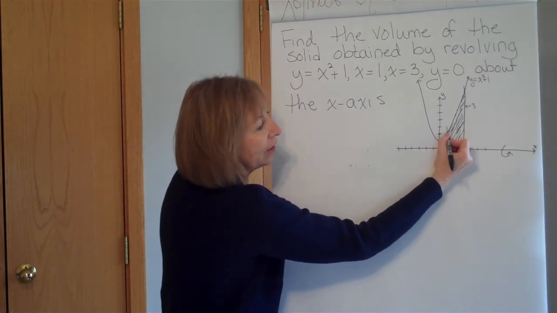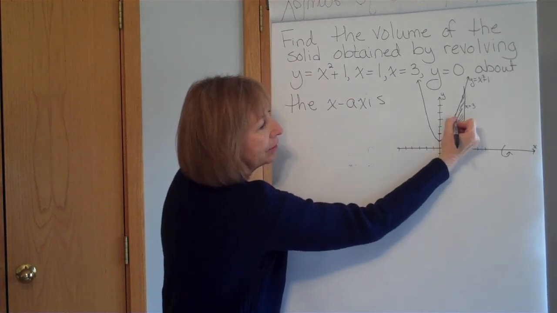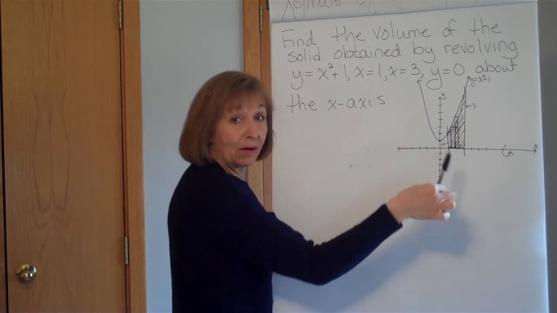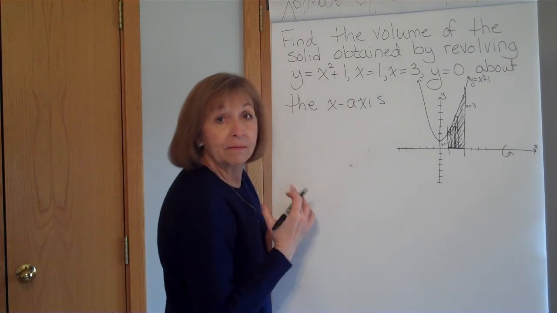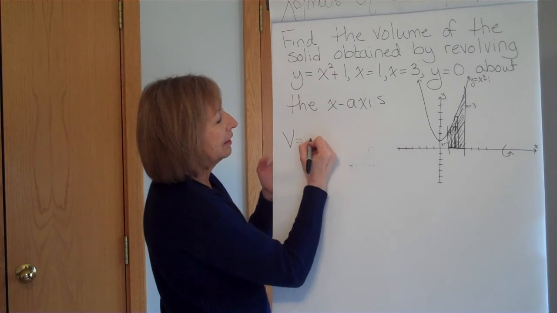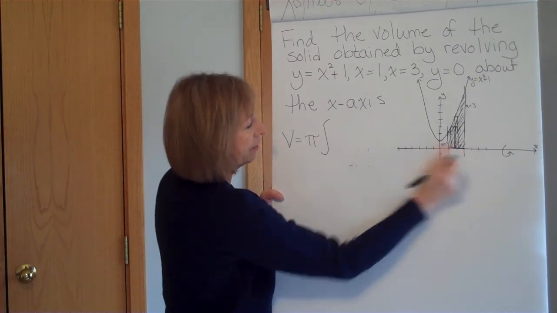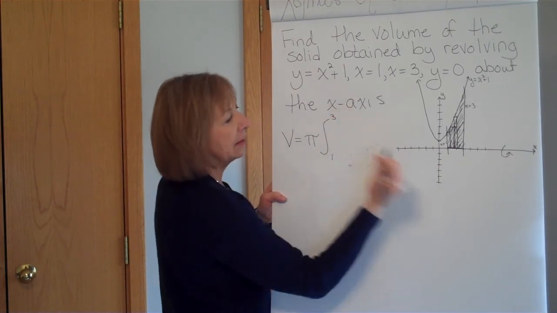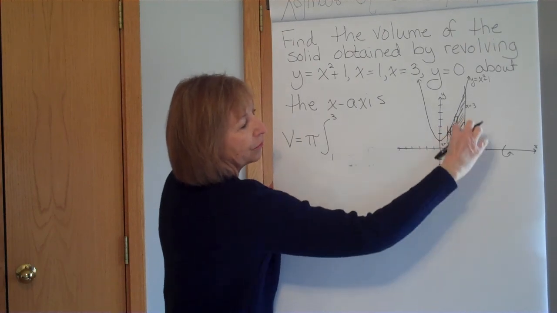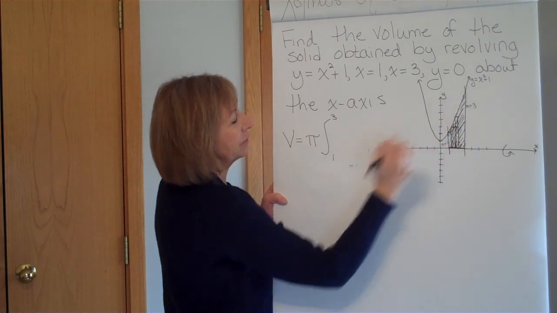So if I take cross sections that are vertical subrectangles through that and they're spun around, that will give me my little cylinders. So this volume is pi times the integral from 1 to 3. Now my radius is from the x-axis up to the curve, so that's just the function output of y equals x squared plus 1.